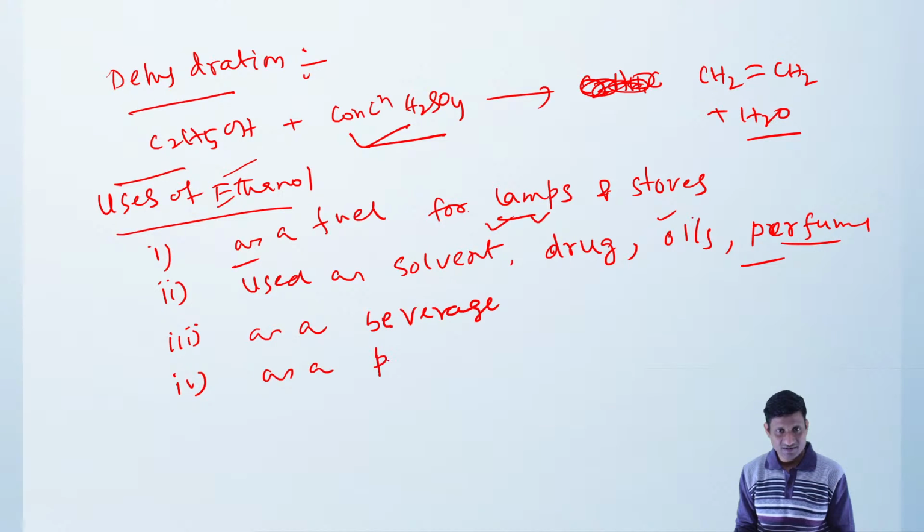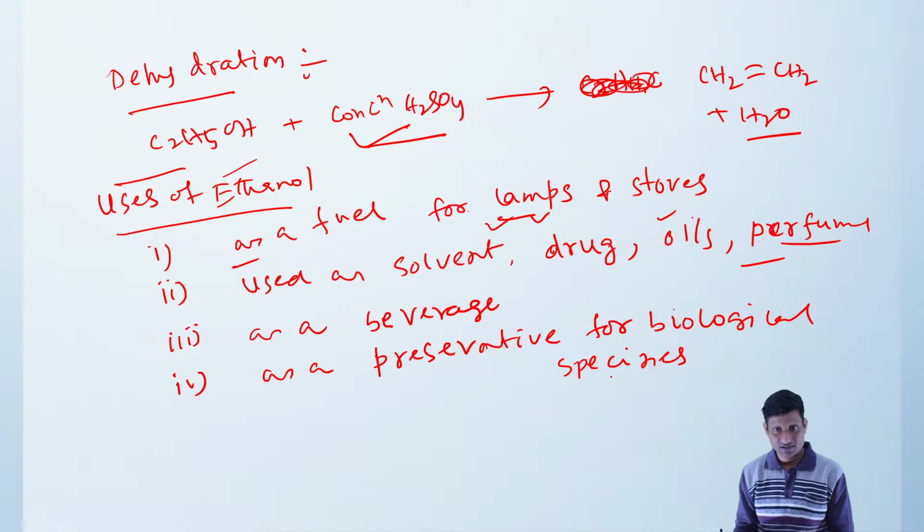And this is also used as a preservative, preservatives for biological specimens. स्पेसिमेन इसका मतलब है वो जो बायोलॉजिकल रिसर्च सैंपल्स होता है और कुछ एक्सपेरिमेंट स्पेसिमेंस, तो वो जो होता है तो उसी के लिए ये यूज होता है. इसके साथ साथ और भी यूज है.